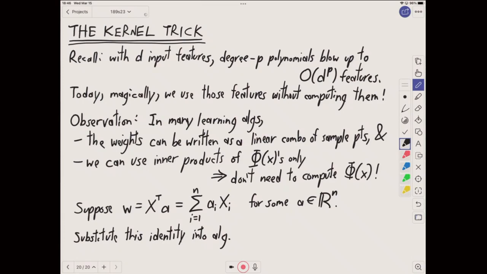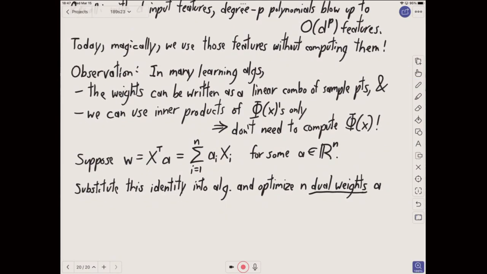And so we solve that optimization problem in terms of a, which means that now we are optimizing n dual weights, is what they're called. The elements of a, the components of a, are called dual weights. Or sometimes you'll see them called dual parameters.